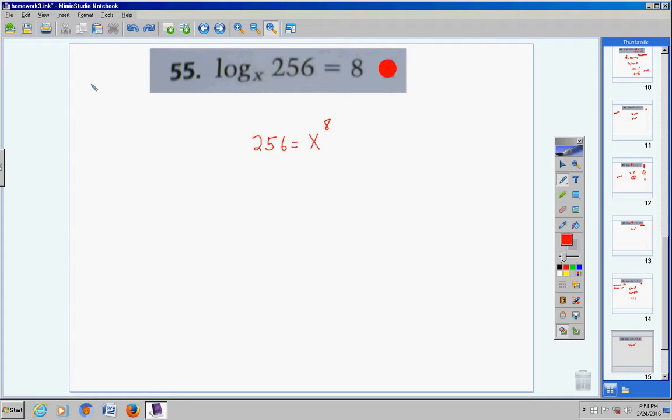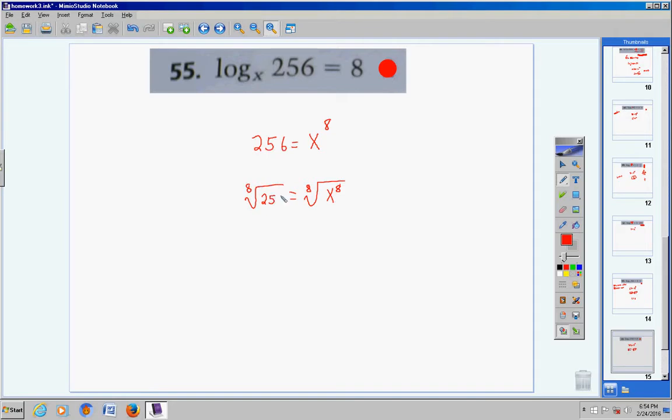If we had an exponential equation, the x would be up here, okay? We have an equation that we can solve by taking the 8th root of x to the 8th. We have x to the 8th, we want to get rid of that 8, so take the 8th root of it. However, if you take the 8th root of one side, take the 8th root of the other side.